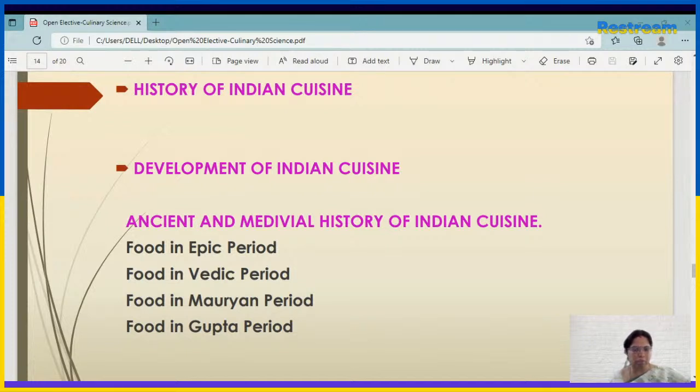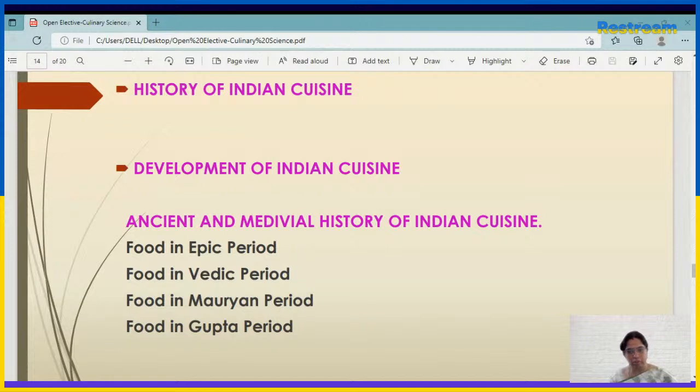Rice was the staple food, and it was eaten with cooked lentils, vegetables, and sometimes meat. Wheat was used to make flat breads known as chapati. Cooking of chicken came to India from Thailand, and mutton came from West Asia. Milk and milk products came during ancient times itself, so rice was eaten with curd.